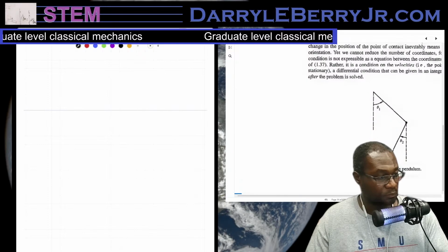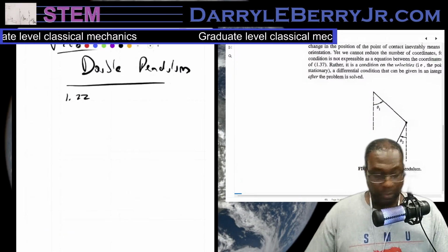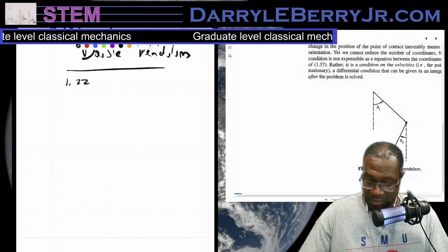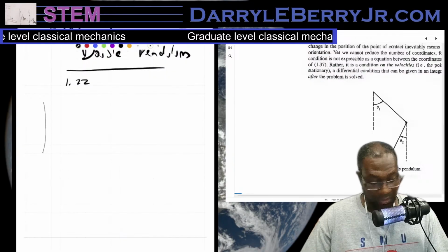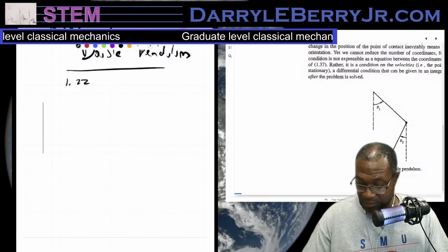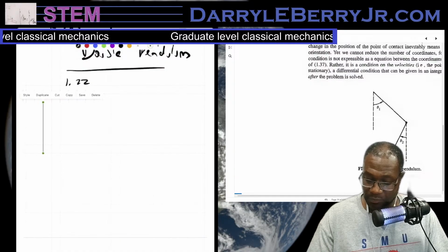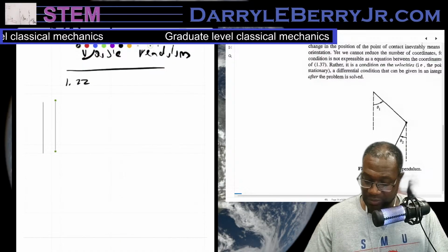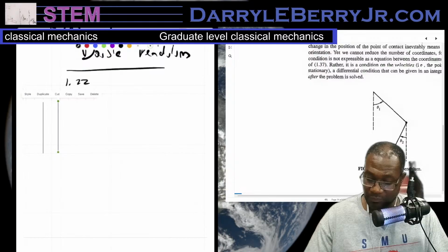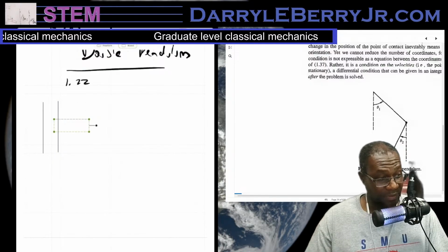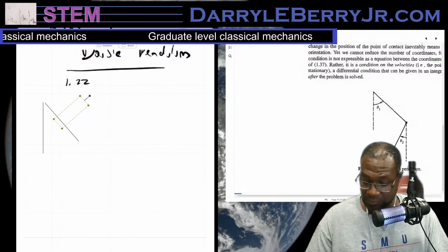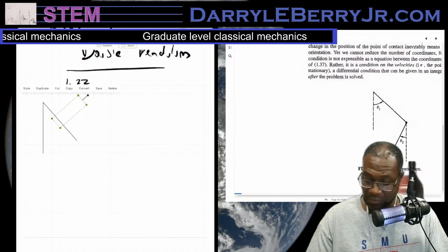Here we go. They drew it pretty simply. We have a line that we'll say is the y-axis, and we have the first pendulum, like so.